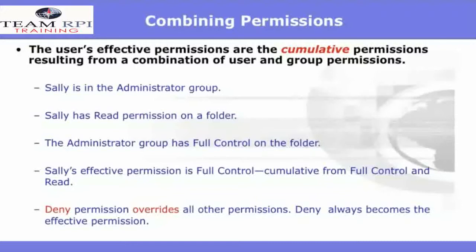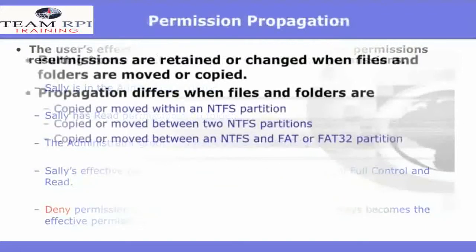Sally's effective permission is full control. To limit this permission, you would have to enable a deny permission, which overrides all other permissions. Deny always becomes the effective permission, whether it be a file or a folder.